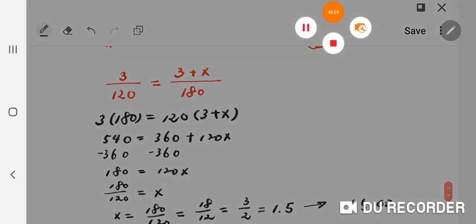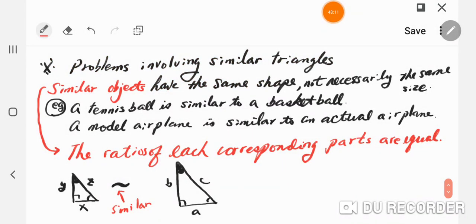Okay, let's consider similar triangles, similar objects. There are 2 objects, and 2 objects are similar if they have the same shape. The shape is exactly the same. The angles are the same, but one is large, one is small, or they can be the same. Then we call those objects similar.